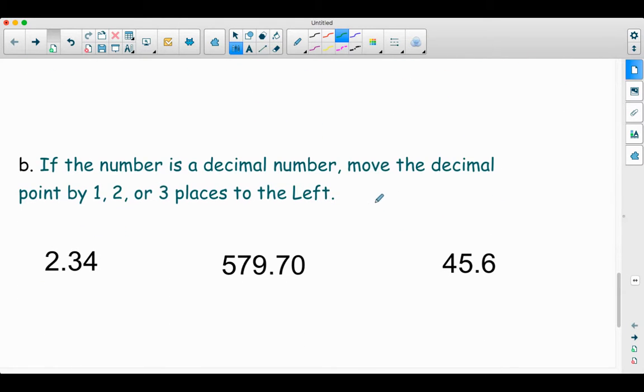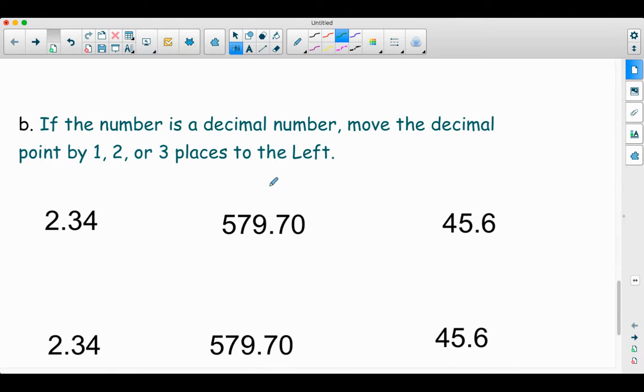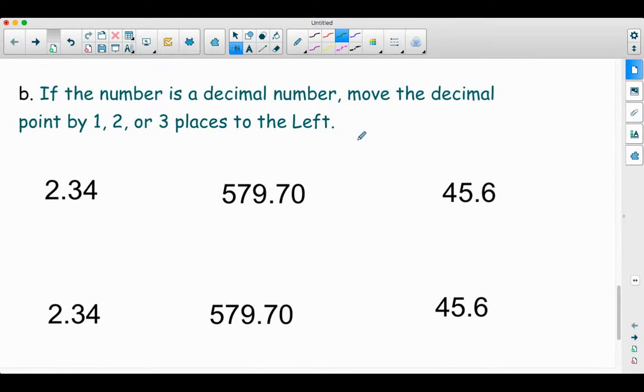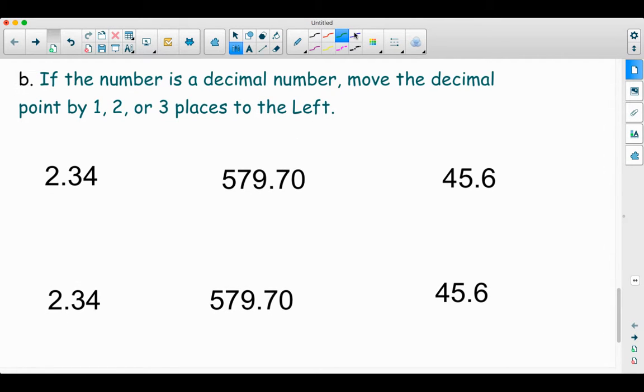So if the number that we are dividing is a decimal number, then you just need to move the decimal point of that number 1, 2, or 3 places to the left. So here we go again.